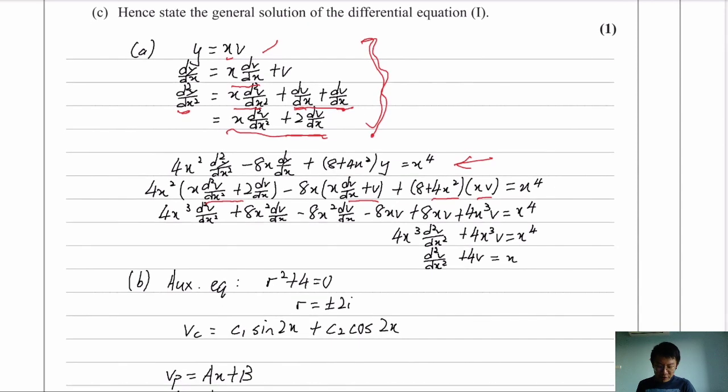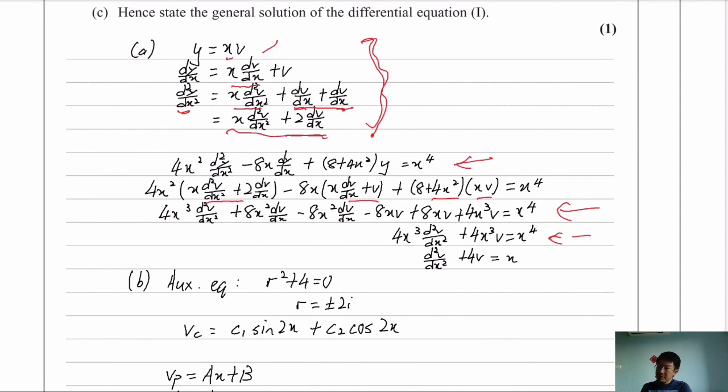If we expand out all the terms and cancel, we will end up with something nice. Even nicer, we can cancel off the x cubed on both sides, which results in a very nice equation. So that is the proof for part A.